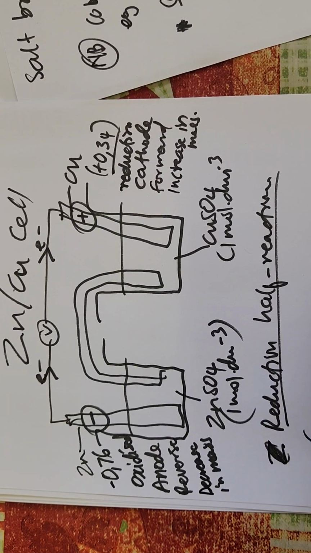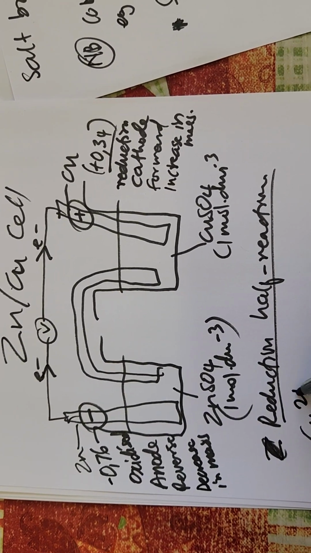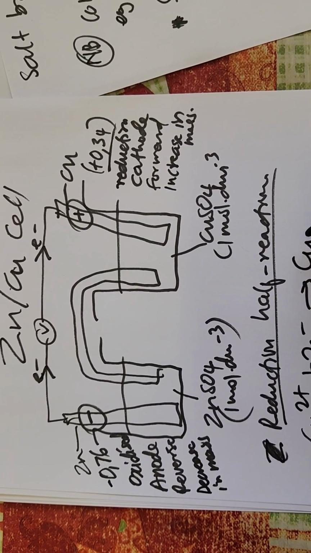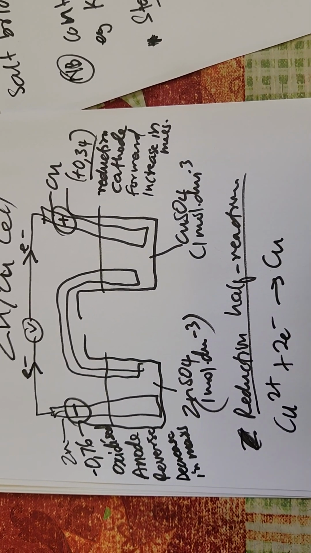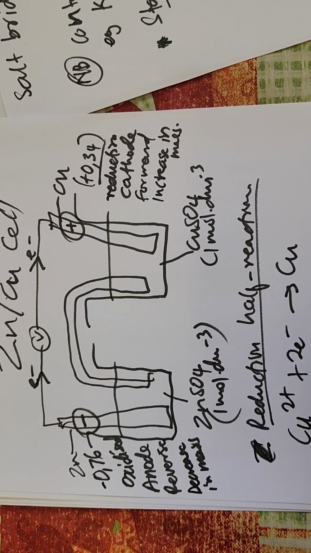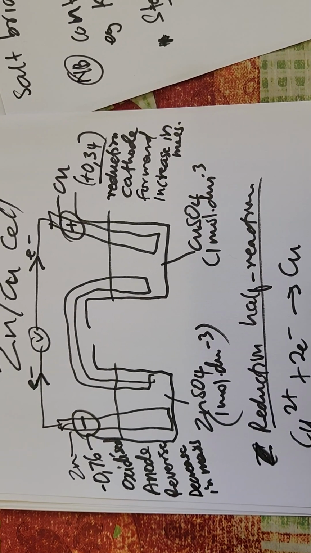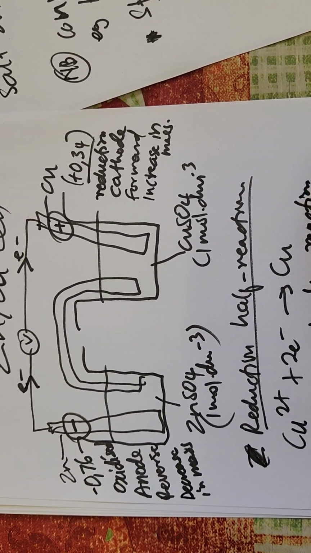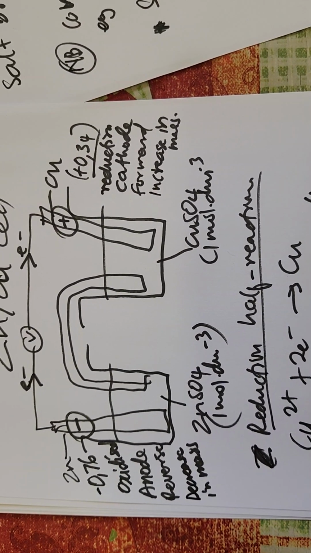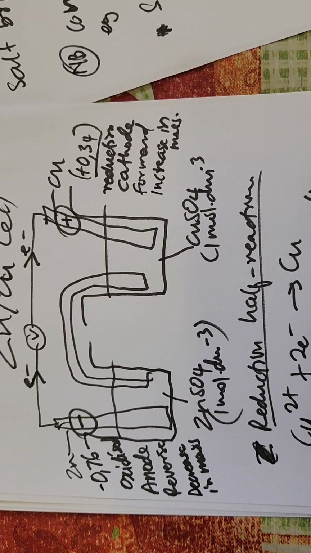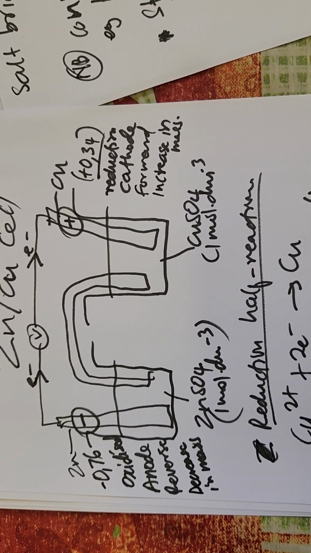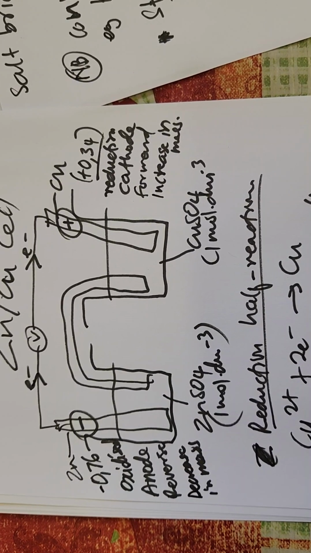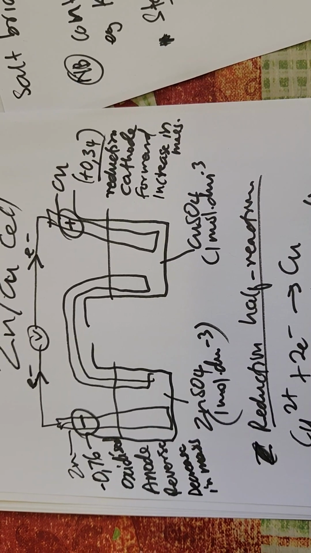Therefore you go to the table and copy the forward reaction, which is copper ion plus 2 electrons forms copper. And then the oxidation half reaction will be the one that involves zinc. Therefore you go to the zinc and write the reverse reaction. Zinc forms zinc ion plus 2 electrons.